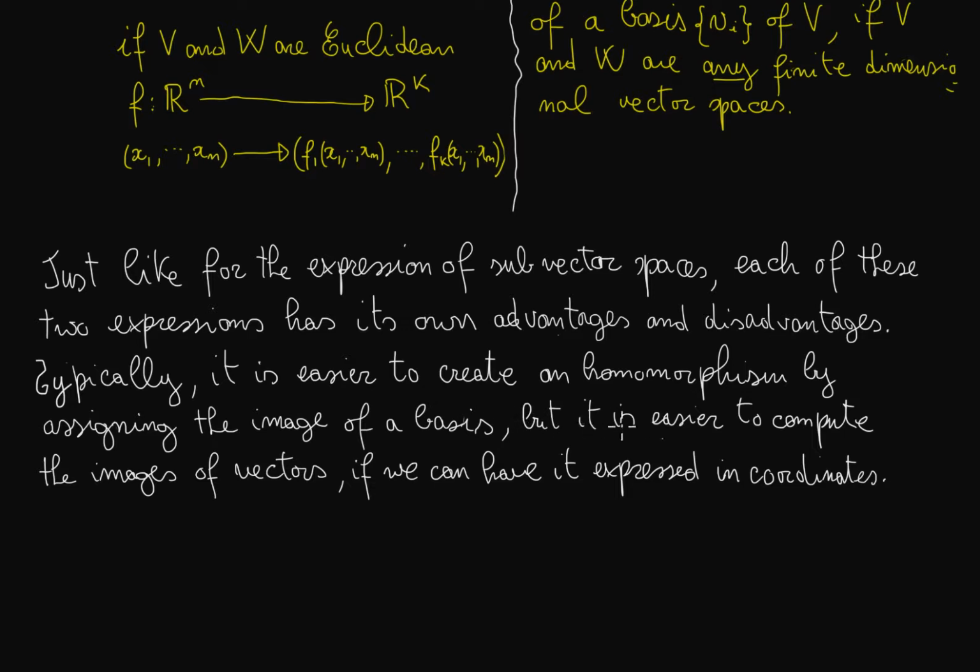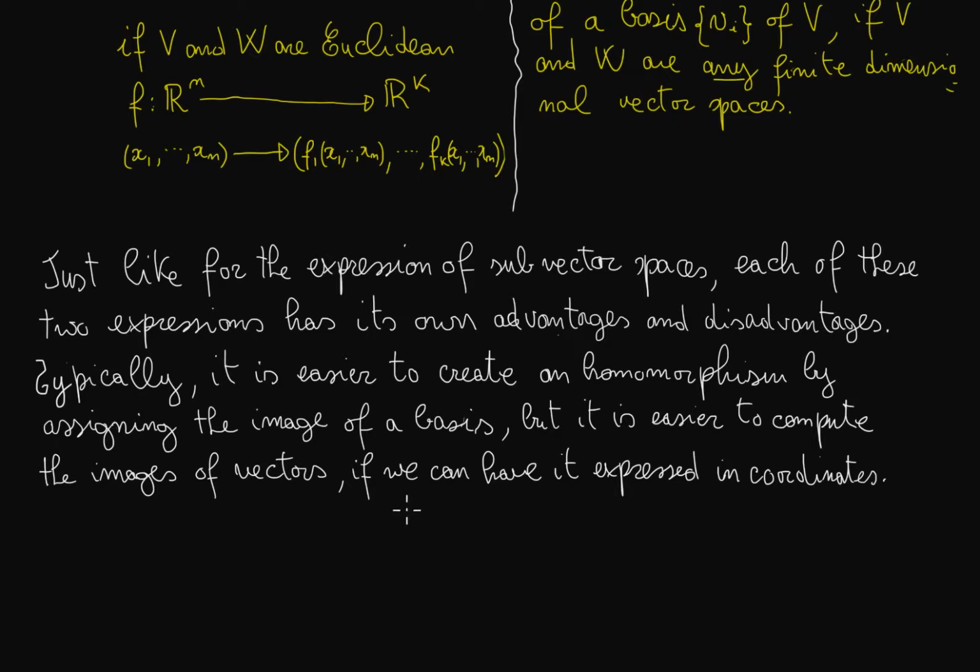However, it is easier to compute images of vectors other than those of a basis if we have the homomorphism expressed in coordinates. This cannot always happen, of course, because if the vector spaces are not Euclidean, we cannot have this expression, but in the case they are Euclidean, we do have this option, and this is the preferable option if we want to use the homomorphism afterwards.